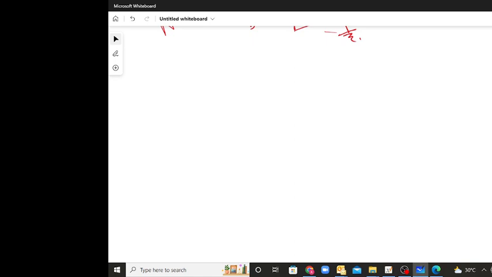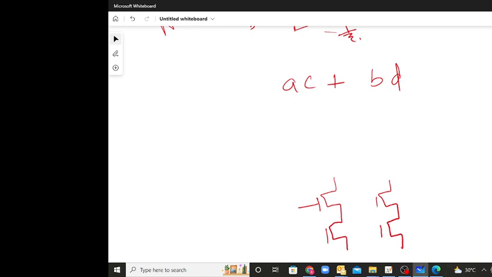Simple, similar questions only will be given. So AC plus BD, it is simple. You will be having the same question with one term less. So these are your N transistors. However many inputs you have, that many transistors you will have.